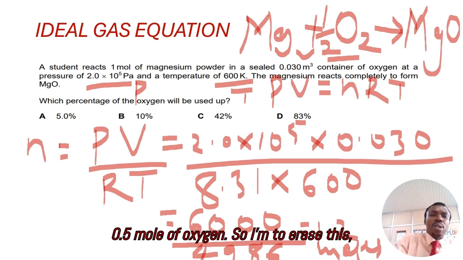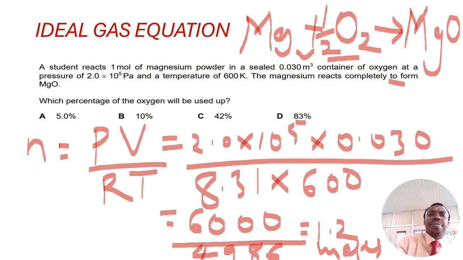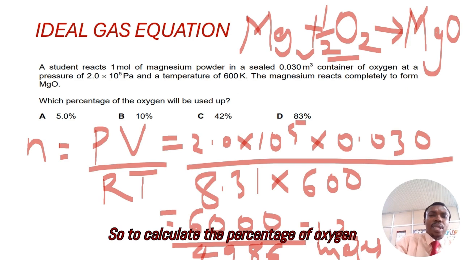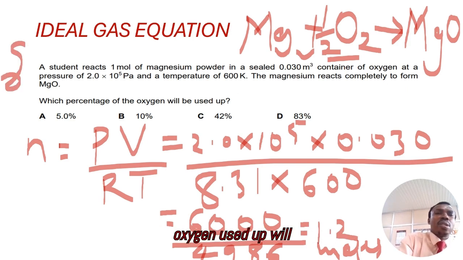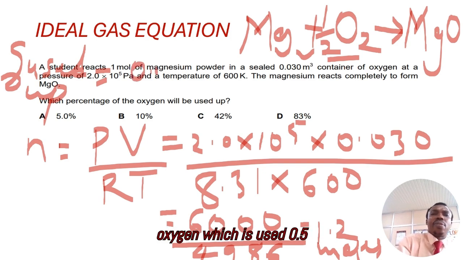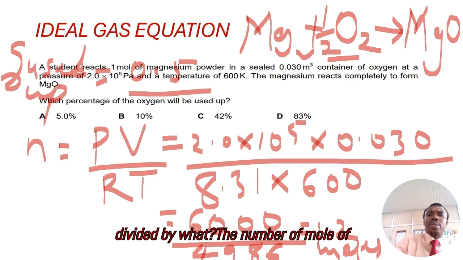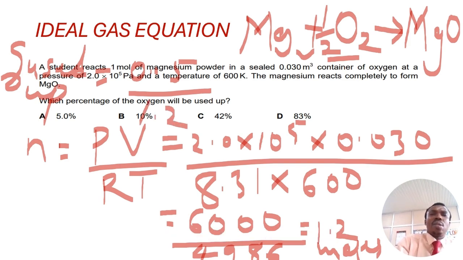So I'm going to erase this, then I'll write it so that I'll have enough space. So to calculate the percentage of oxygen that will be used up, percentage of oxygen used up will be equal to the number of moles of oxygen used, 0.5, divided by the number of moles of oxygen in the container, which is 1.2, multiplied by 100.